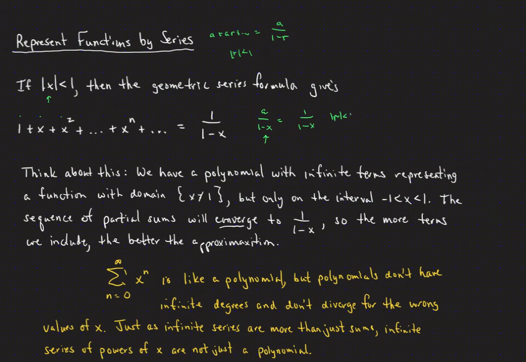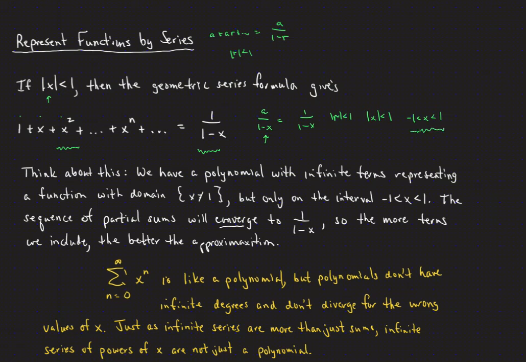That is as long as r is less than 1 in absolute value, which means this is going to be true as long as the absolute value of x is less than 1, which is the same thing as saying that x is between negative 1 and 1. Think about this. We have on the left a polynomial with an infinite number of terms that is representing a function, but it's only equal to that function on a domain.